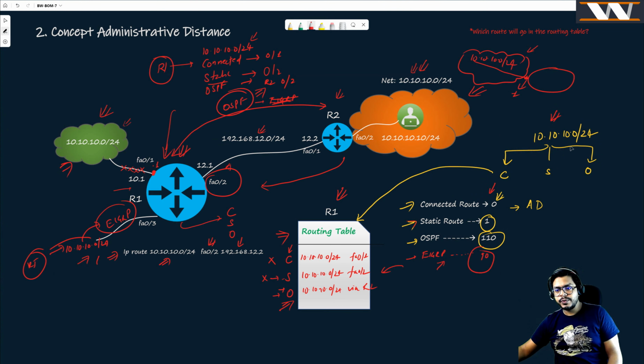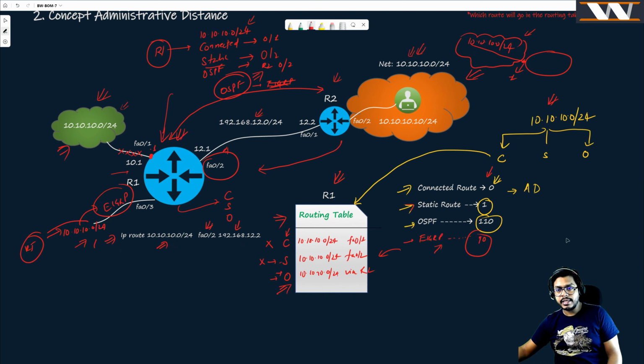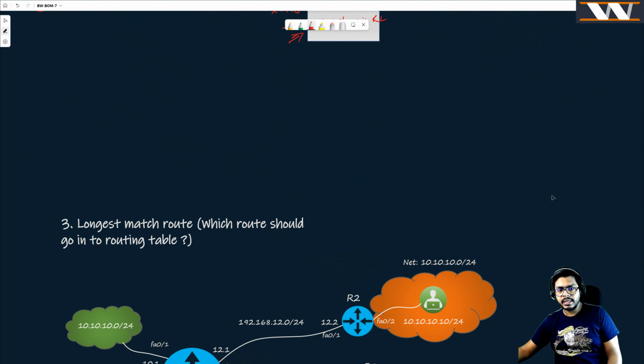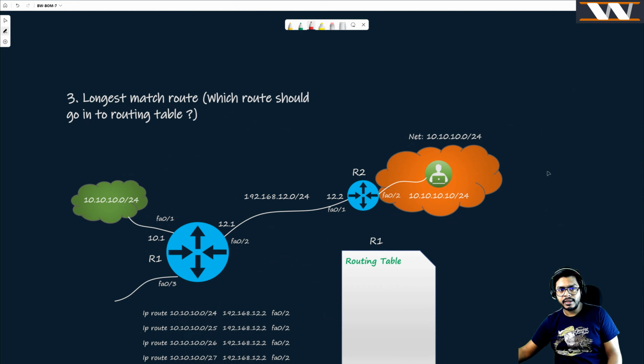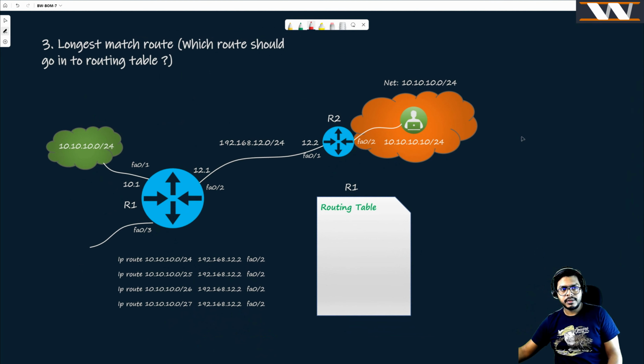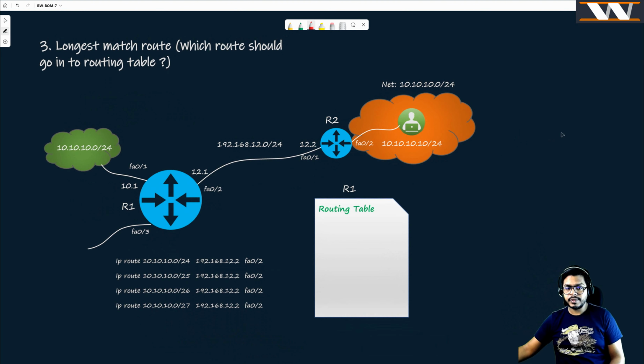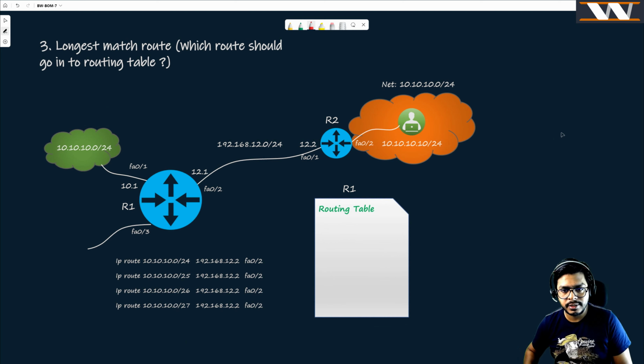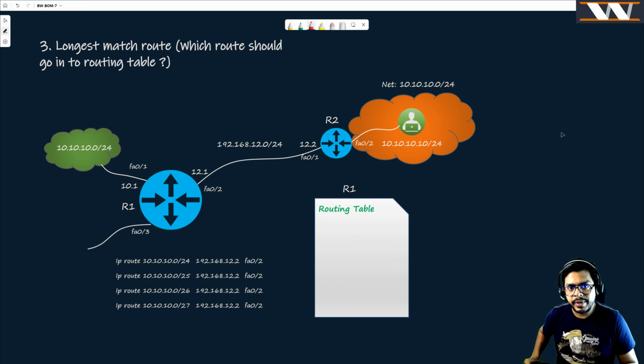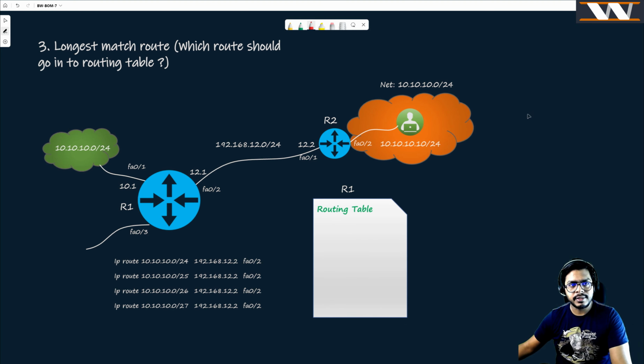So let's move to another interesting board, and that is where most of the people find it to be confusing, right? But here is the board which is designed to make sure that you understand this, right?